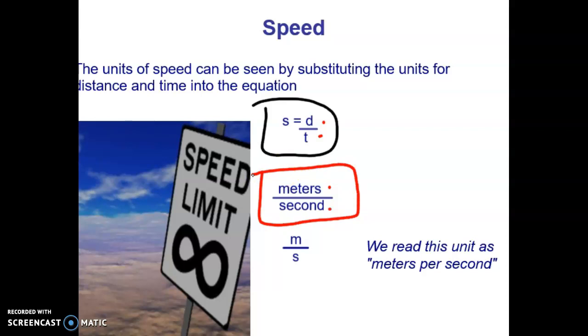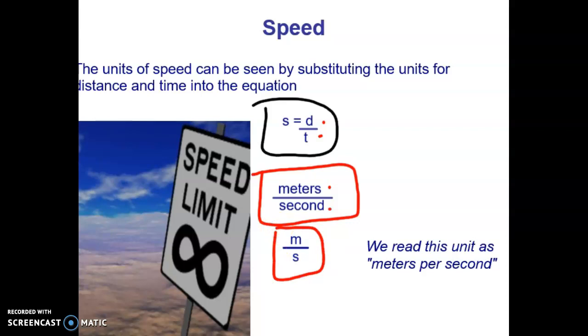You can think about it like in your car, it will be miles per hour. But being that we're dealing with science and using metric, the International System of Measurement, distance will be measured in meters and time in seconds. So we have meters per second, which is abbreviated m/s.